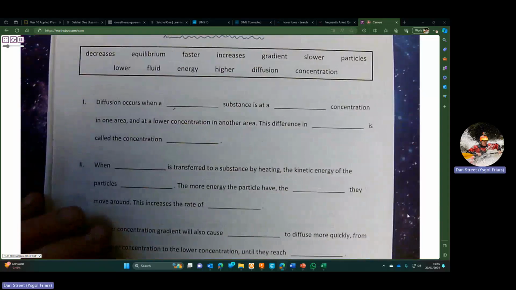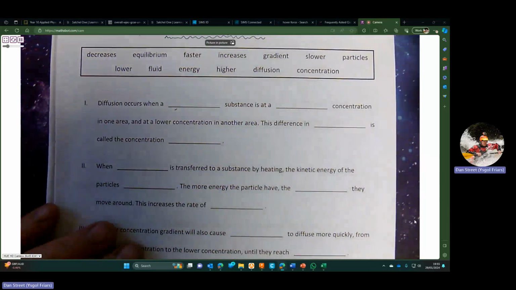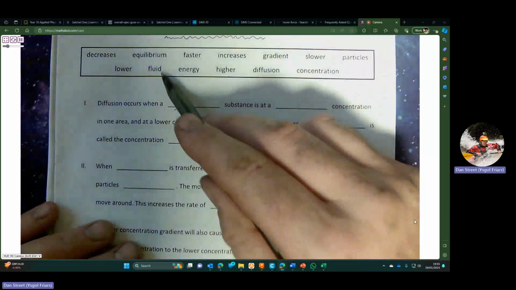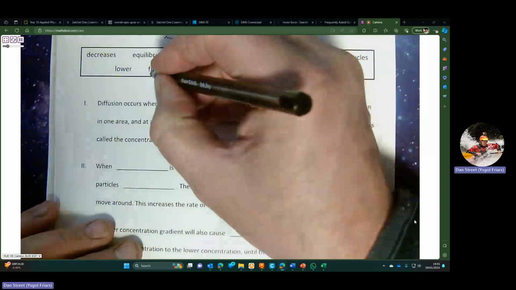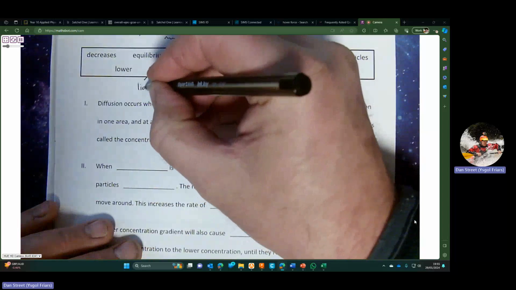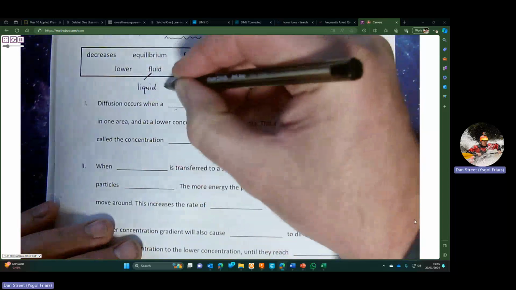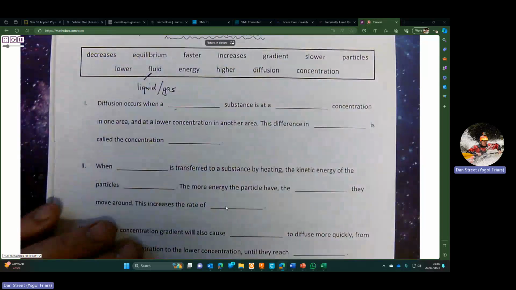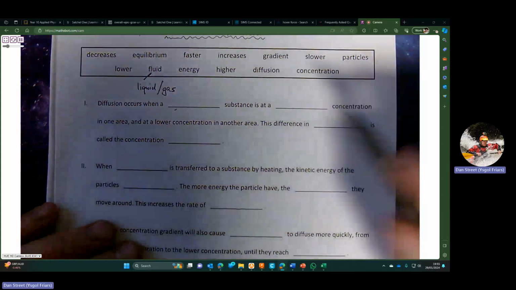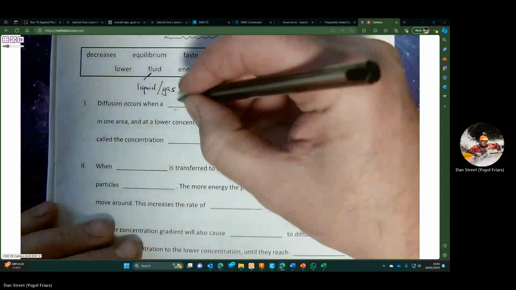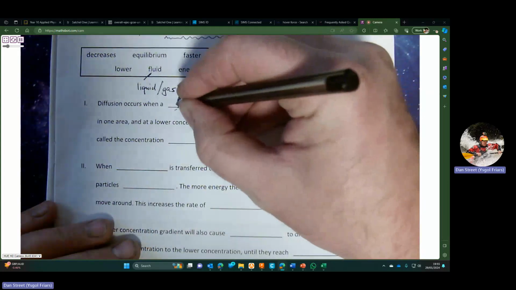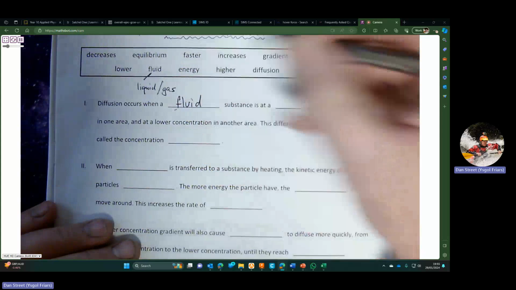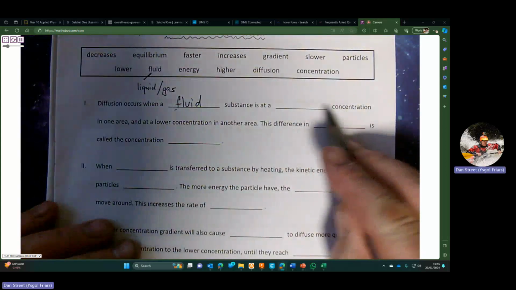Okay, so diffusion occurs when a fluid substance, now a fluid, just in case you didn't know, is a liquid or a gas. Because liquids and gases have got many similarities, so we use the word fluid to describe them together. So diffusion occurs when a fluid substance is at a higher concentration.